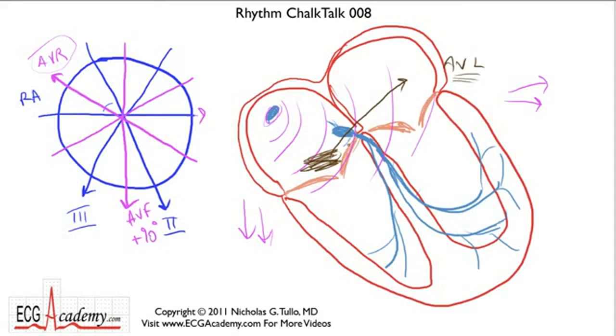The P wave was positive in AVL, but it's also positive in AVR. So it's traveling in those two directions, and of course it's going away from 2, 3, and AVF. It's arising from the low right atrium and traveling towards the head. So that tells us that's an ectopic focus somewhere in the low right atrium that takes over the rhythm.